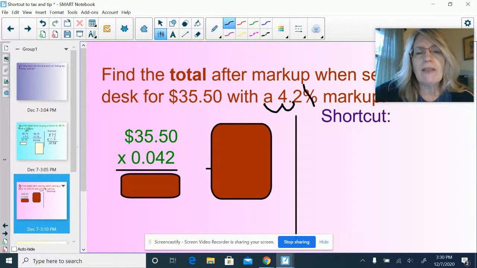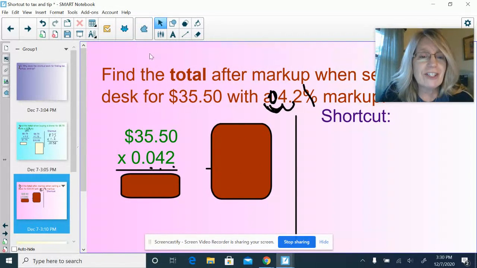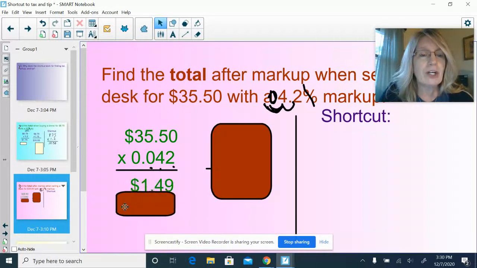Don't forget you had that extra move. Put a 0 in there to hold your spot. So you're really multiplying times 0.042. Don't forget that 0 or you'll get the answer wrong. Then I did the work ahead of time, $35.50 times 0.042. That's going to be our markup.